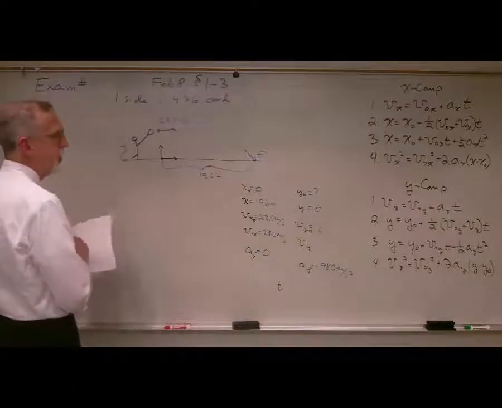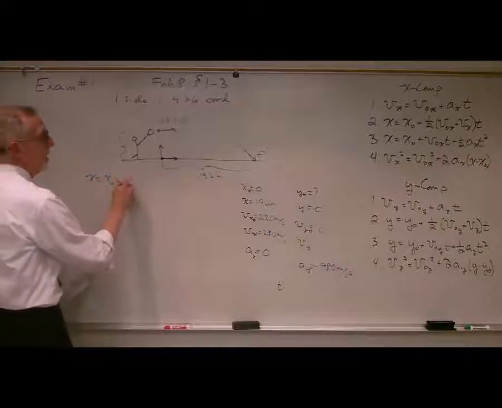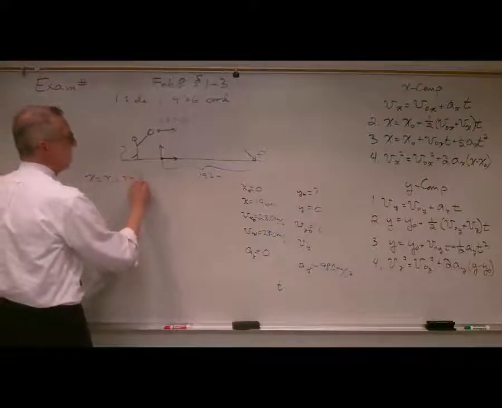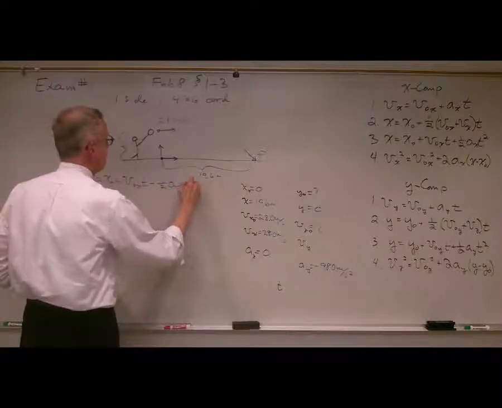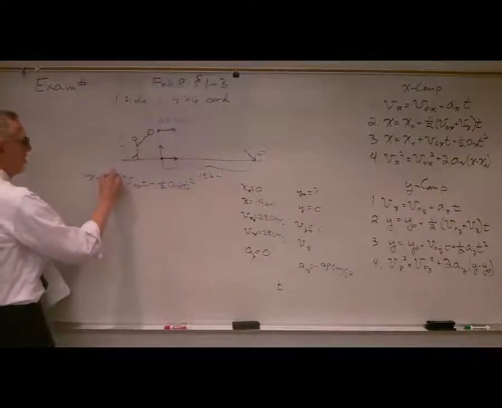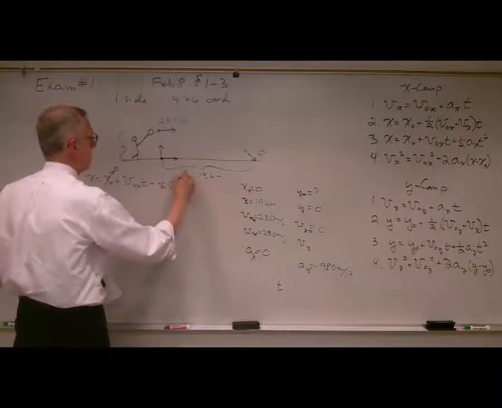So, third x equation, what do we have? x equals x naught plus V naught x t plus 1/2 ax t squared. x naught, 0. Ax, 0.